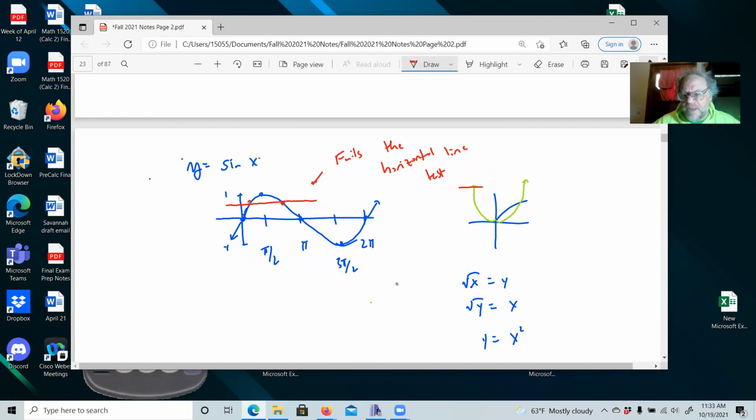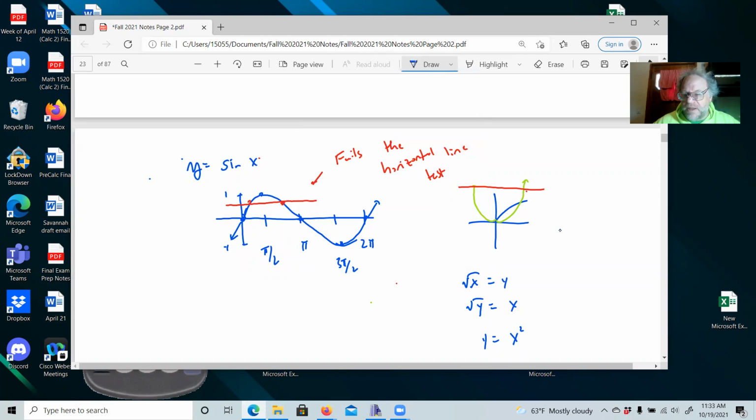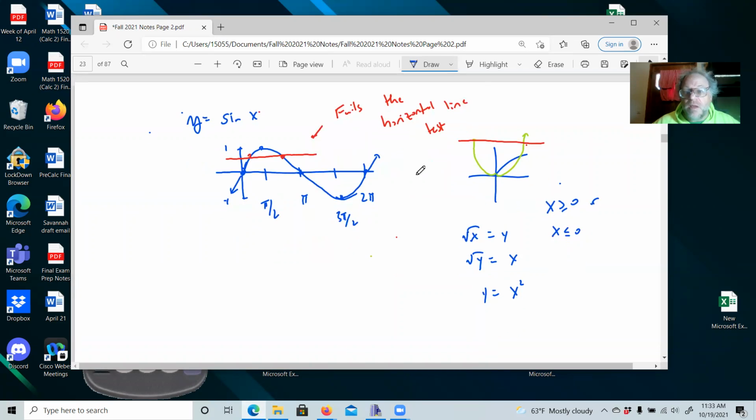And the way we got past that was to restrict the domain and say, well, what if we only think about x being greater than or equal to 0, or x being less than or equal to 0? So we would only have one of these legs to stand on here. We wouldn't have both of these arms coming up. We'd only have one of them. So that actually worked pretty well.